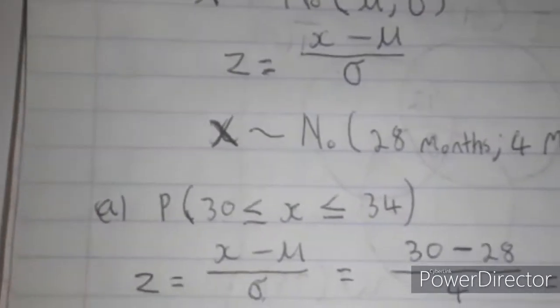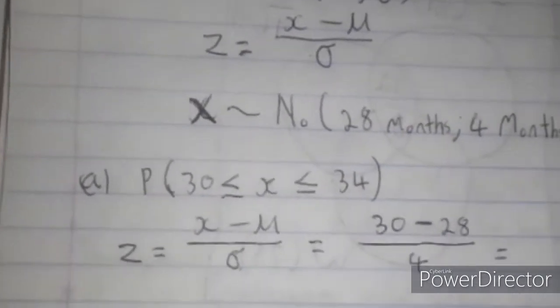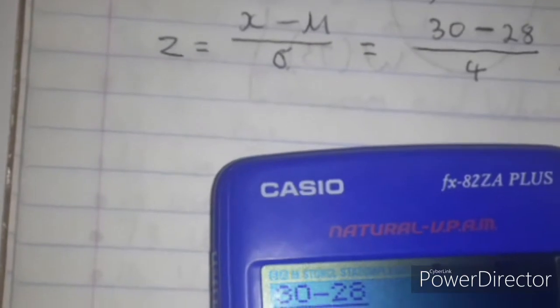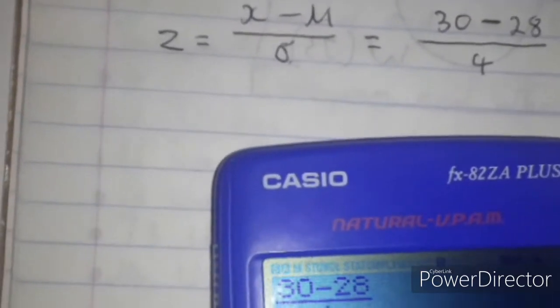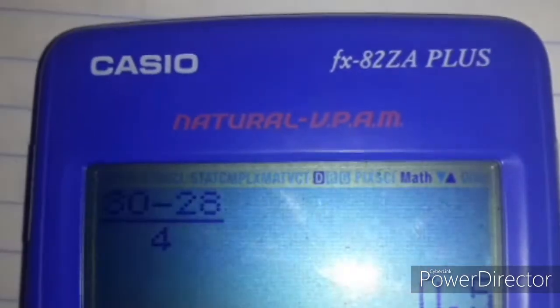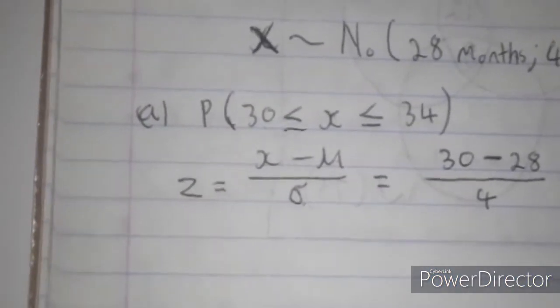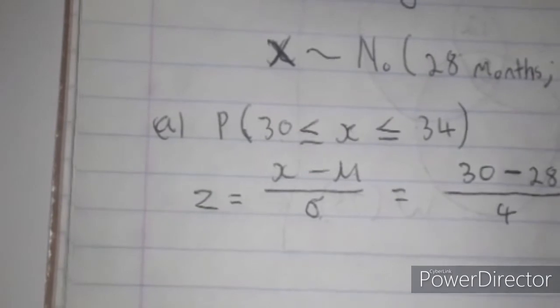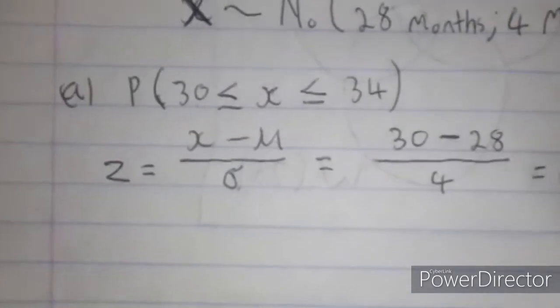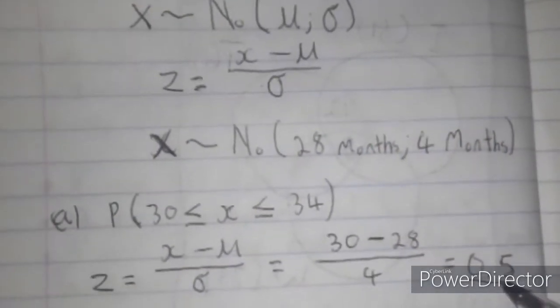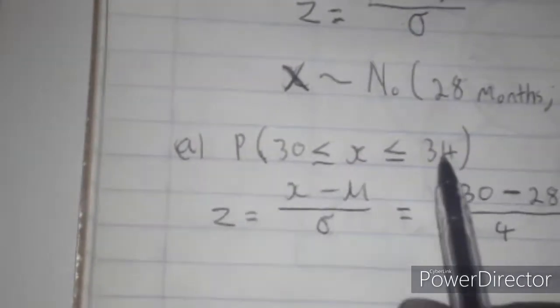So Z is equal to 30 minus 28 over 4. Z is equal to 0.5.